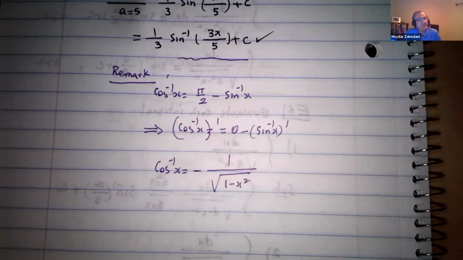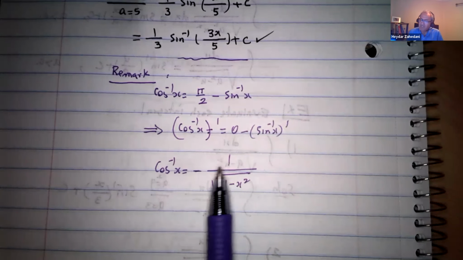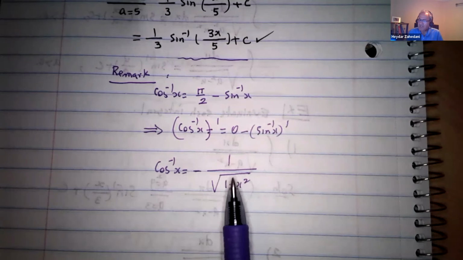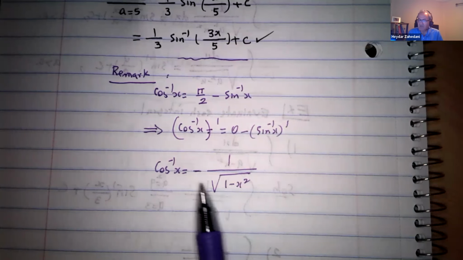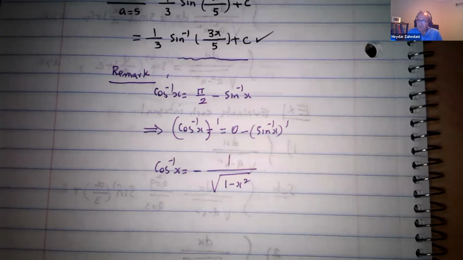That's why in calculus this is not popular. If you want to integrate negative 1 over radical 1 minus x squared, you can keep the negative sign and integrate the rest. So we don't have to worry about the cosine inverse, because everything will be like the sine inverse.